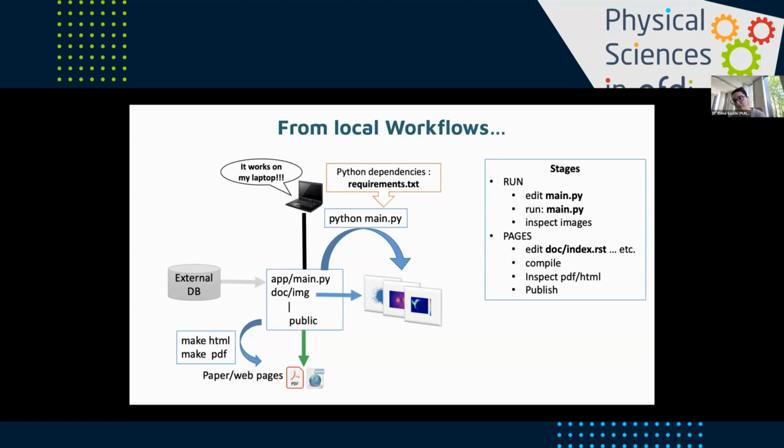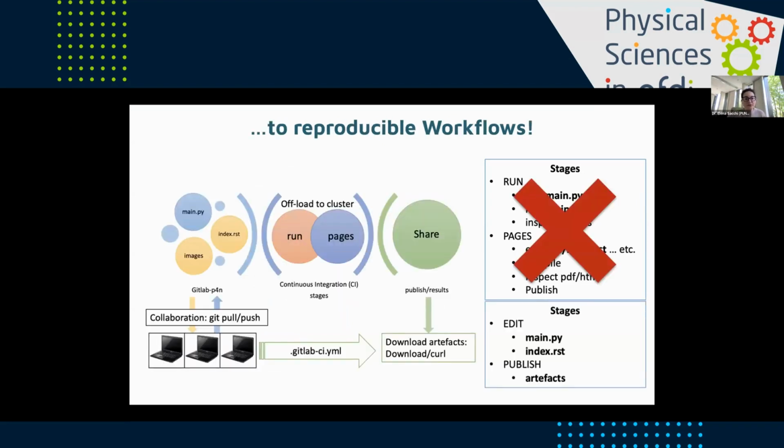And in research in particular, we have short contracts. So when someone else takes over, it always takes a lot of time to rebuild the infrastructure to make an analysis work. So the idea is to go from this local mindset to something really reproducible that will last for years.